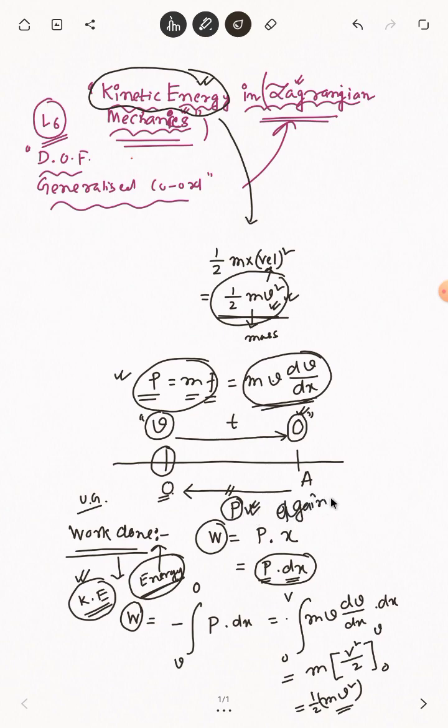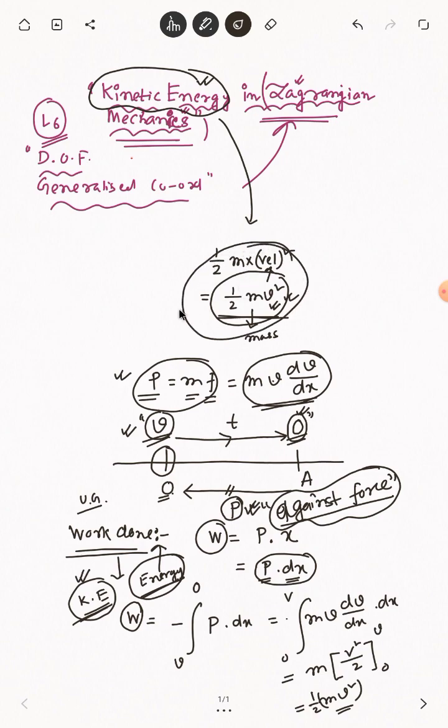Someone says it as against force. That means the force which is acting against the direction of motion. So the total amount of work done due to an against force or opposite force for which velocity of a particle comes from V to 0 will ultimately give us the expression for kinetic energy as half mv square.